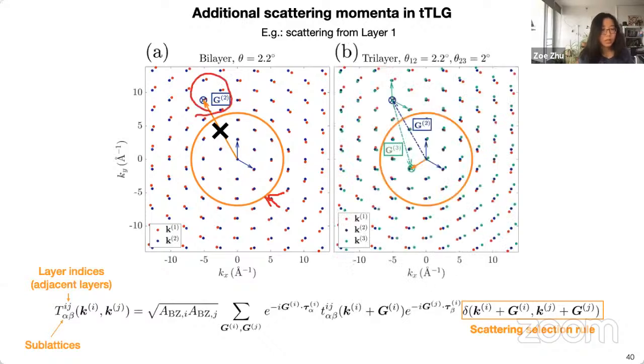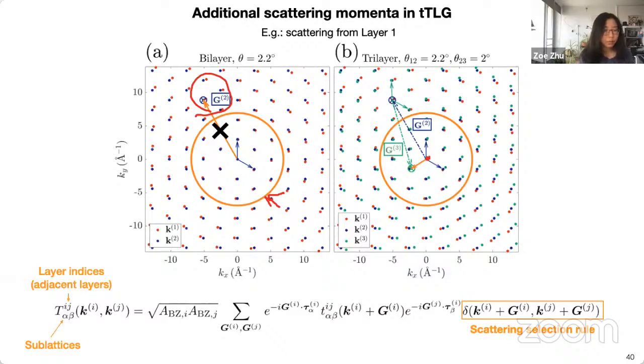But the situation is slightly different with a trilayer. First, we start from the origin and scatter by a reciprocal lattice vector G2, which brings you outside of the cutoff circle. But then the second selection rule tells you that you can again scatter by a reciprocal lattice vector of layer 3, and the sum of these two can bring you back into the circle again.